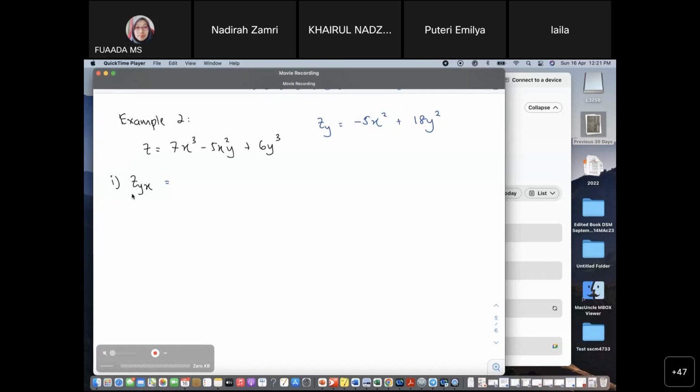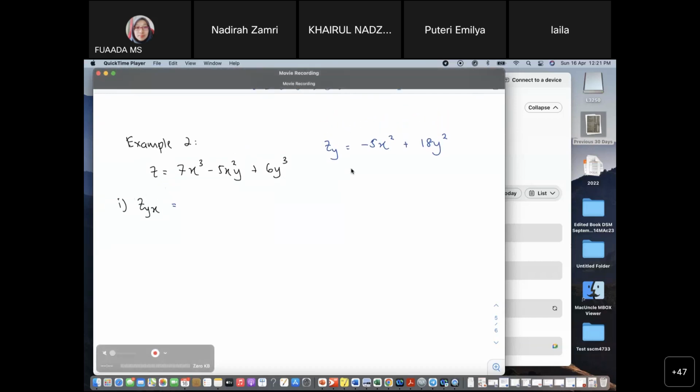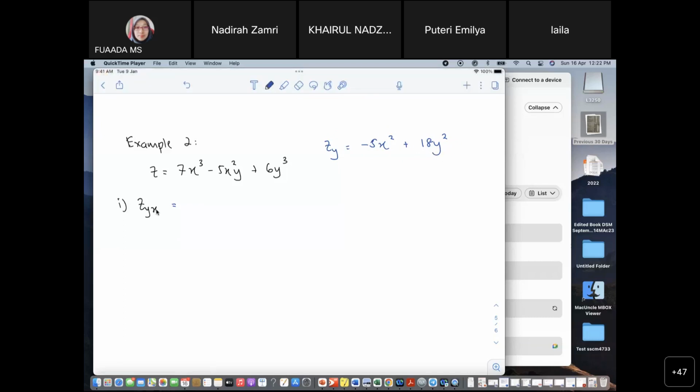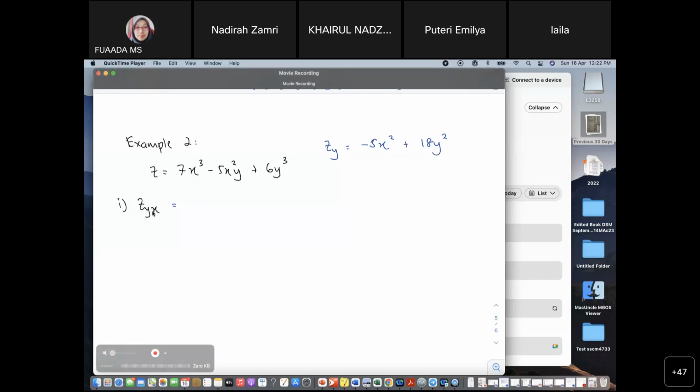So what actually happens here if you want to find the second order? You differentiate once more. Using the result zy, you differentiate this expression with respect to x. Because it is second order, you differentiate twice but with respect to different variables. The second is with respect to x.